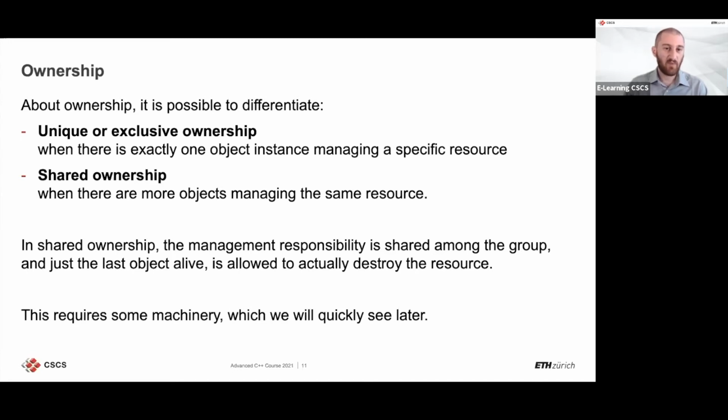The first one can be implemented using mainly just the language, in the sense that we will see an example in a few minutes. While the shared ownership requires a machinery, because the language itself is not enough. But we will see an example quickly.